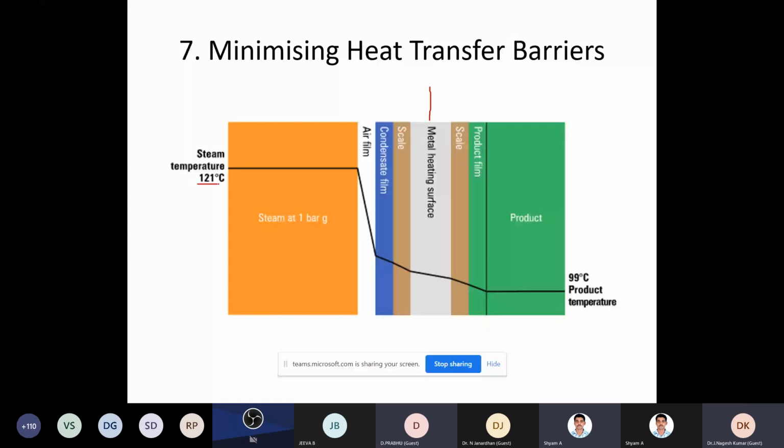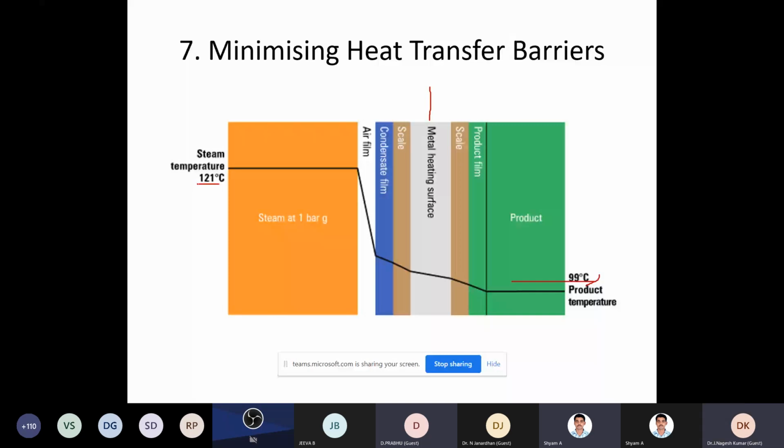It has to cross through all these barriers: air, condensate, scale, and finally on this side you have scale, this stagnant product film, and then through the product it has to come out. So finally the heating up is done to 99 degrees centigrade. For 99 degrees, you have to necessarily maintain 121 degrees.